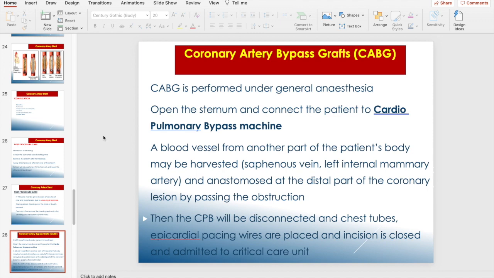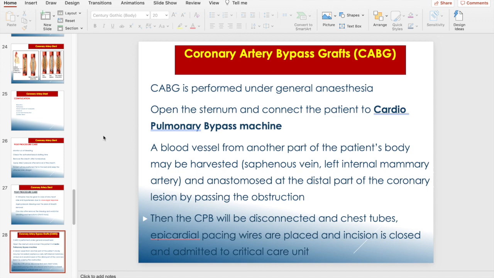It's a very complicated procedure. You don't need to know so much information about it, but you have to know that the patient will be on the cardiopulmonary bypass machine, and they will replace the coronary artery with the saphenous vein or left internal mammary artery.